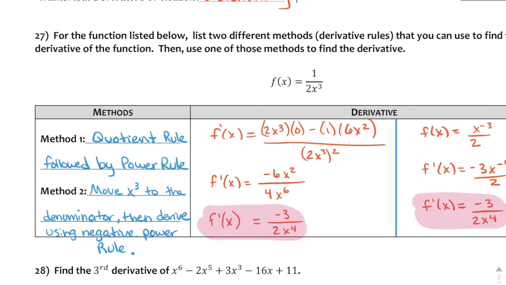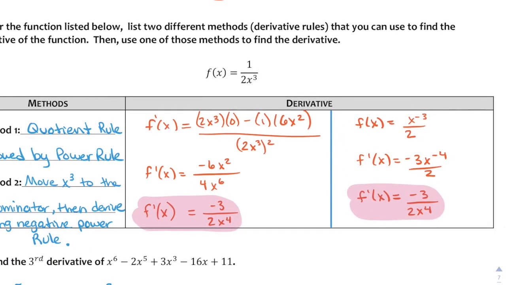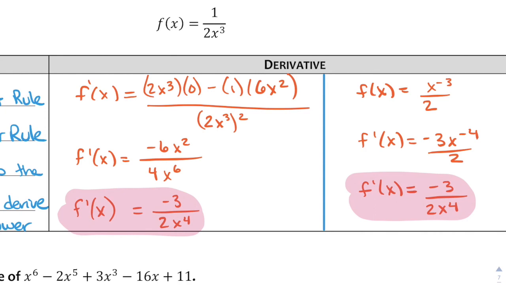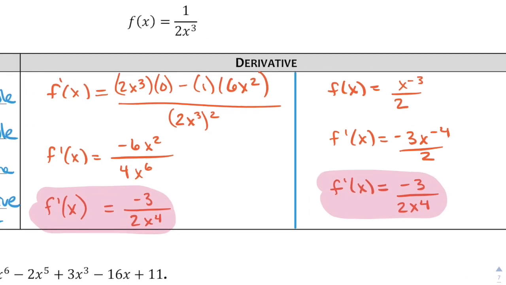Know that you have the ability of calculating multiple methods. Here, simply, I did the quotient rule on the left, and on the right, I decided to use the negative power rule, knowing that 1 over 2 is the same as 1/2, and separating that idea from x cubed. Moving x cubed up to the numerator gives me x to the negative 3.